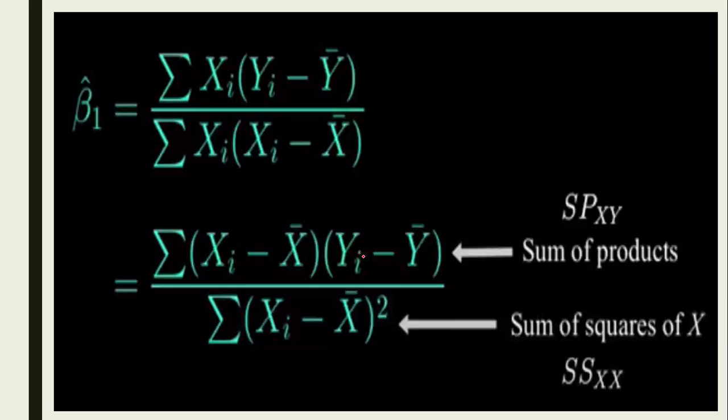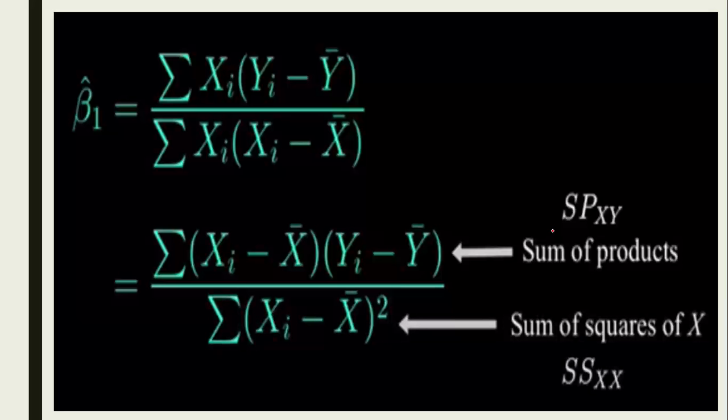It is often referred to as the corrected sum of products and is represented by SPXY. Now let's see that those two numerators are equivalent and those two denominators are equivalent.